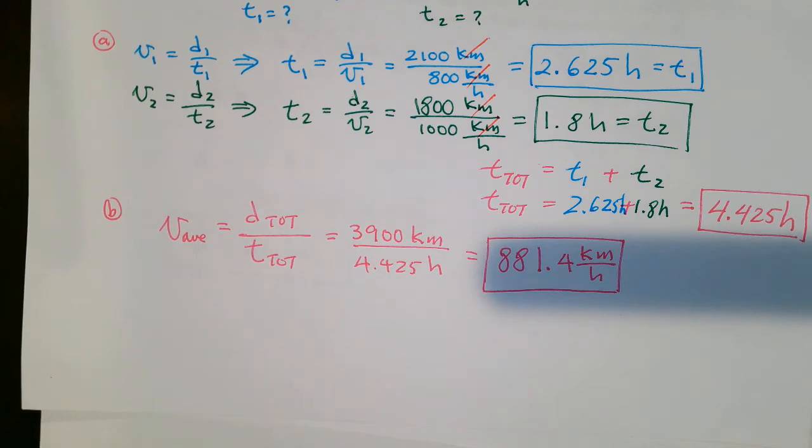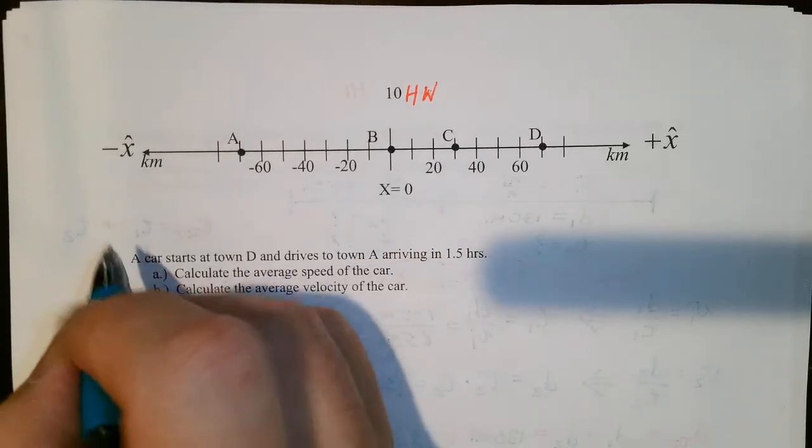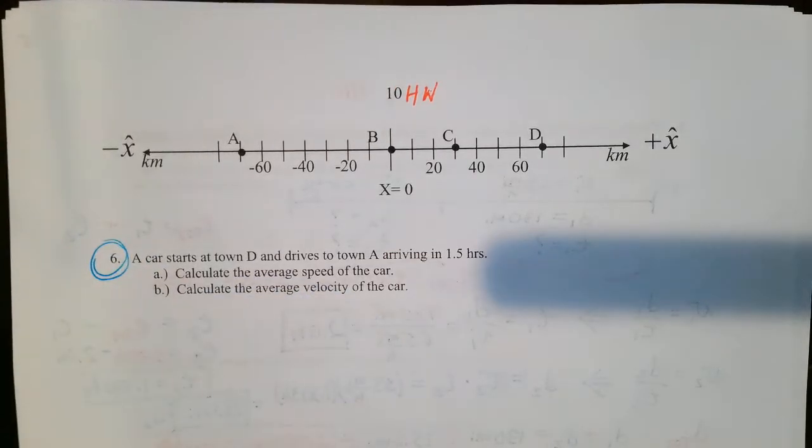Let's take a look at page 10. Here we have a car that starts at town D. I will do problem 6 in aquamarine blue.